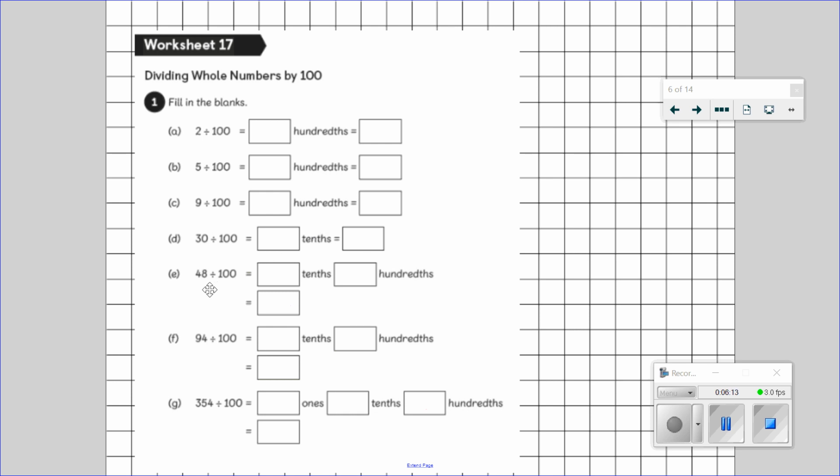This one, 48 divided by 100, you're going to need to give your answer in tenths, hundredths, and then as a decimal. And if you come down to the bottom here, we see this one, you need to give your answer in ones, tenths, and hundredths, and then write it as a decimal.